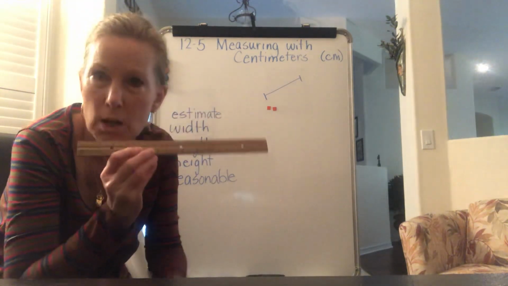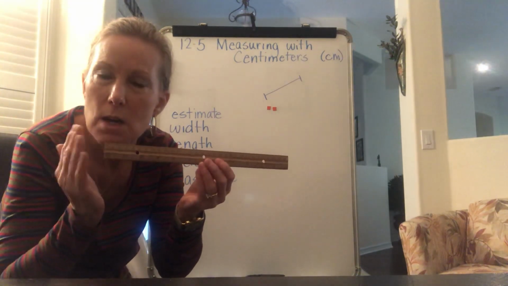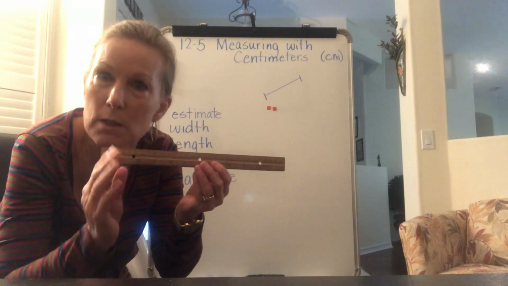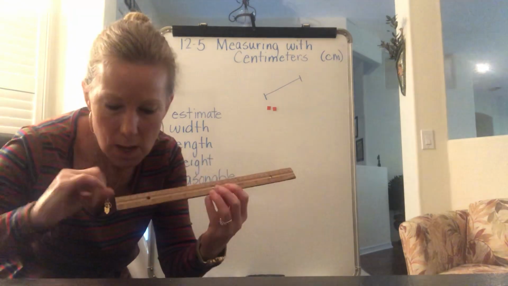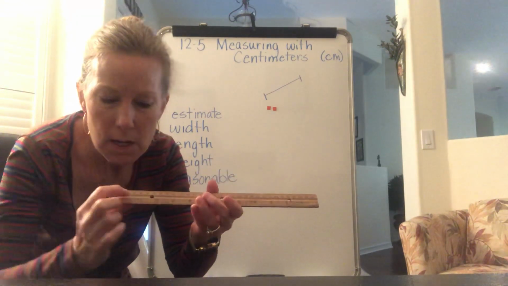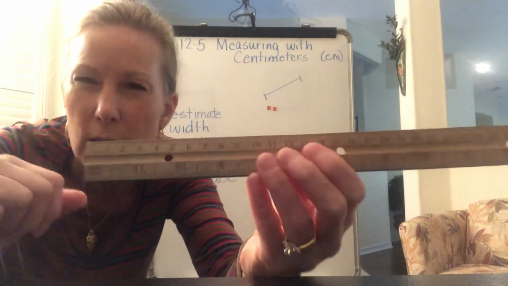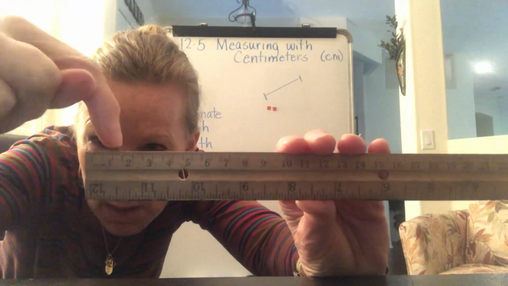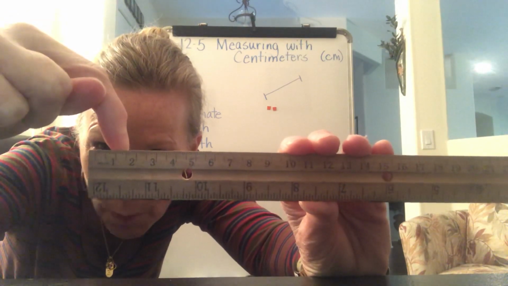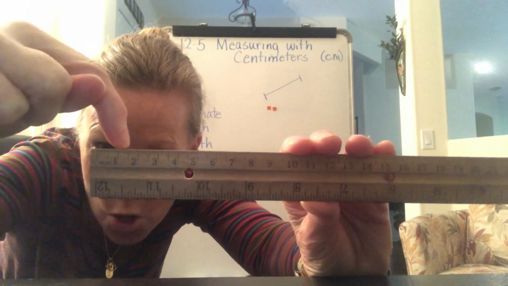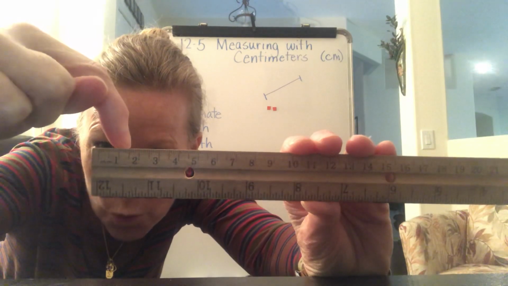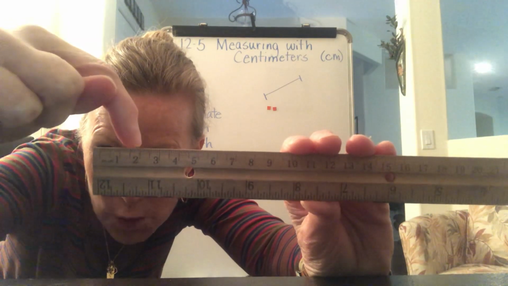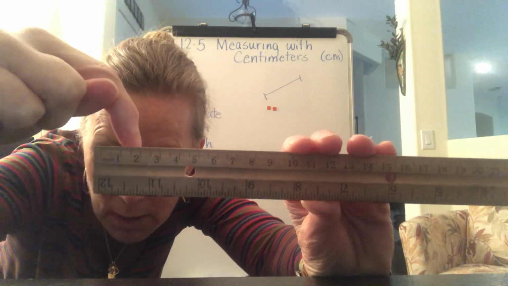Another thing we're going to talk about is sometimes the things that you measure are not going to be a perfect centimeter. So there again, in between each centimeter, there's like a halfway mark, okay? So if something goes past the halfway mark, then it gets closer to this next number.